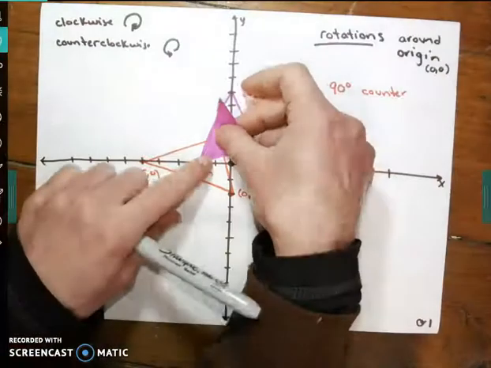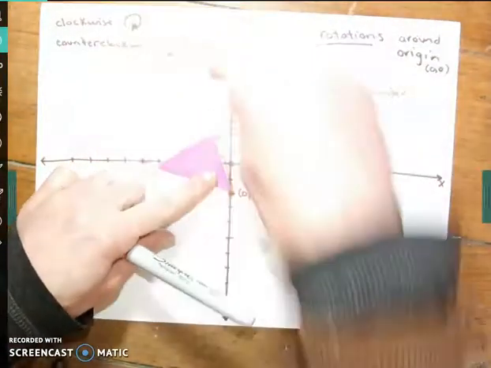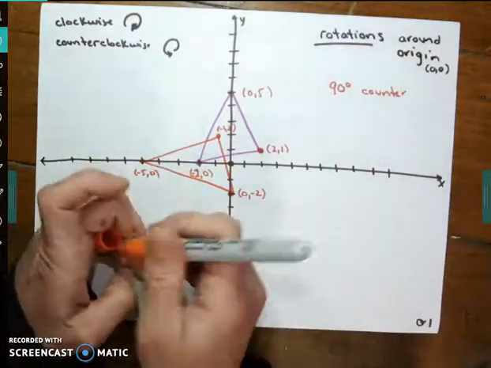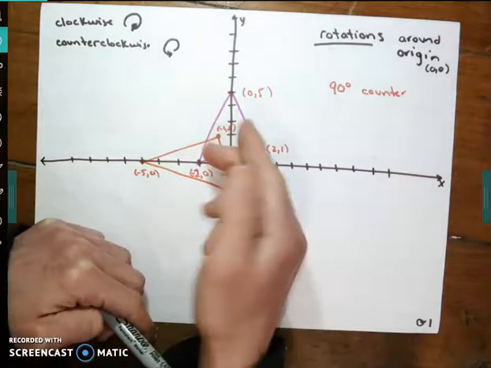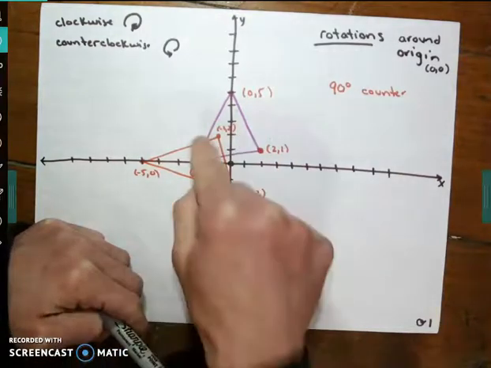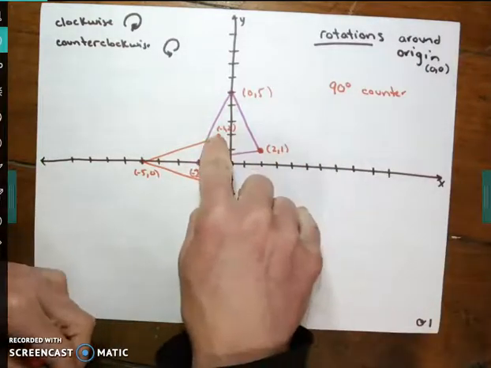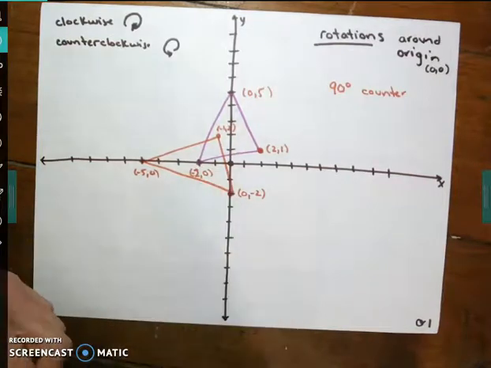So we take this, we rotate it 90 degrees around the origin. So what happened when we did a 90-degree rotation? Well, in each case, the coordinates switched order, and the first one became negative. 2, 1 became -1, 2. -2, 0 became 0, -2.